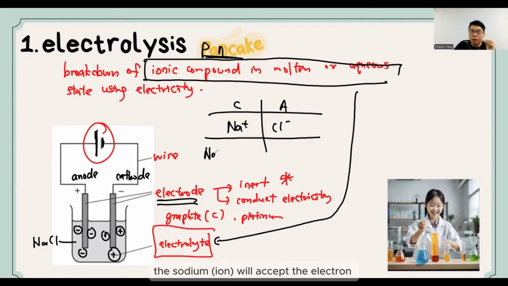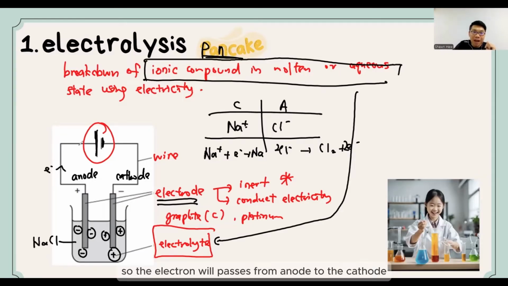So at last the sodium will accept an electron and become sodium metal, and then chloride will lose an electron to form chlorine gas and release the electron. The anode will release electrons, so the electrons pass from the anode to the cathode. This is how electrolysis happens.